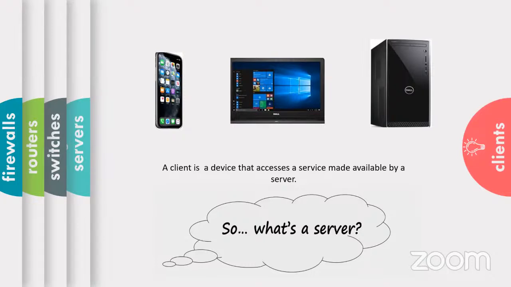So the devices which come under the category of requesting. Let's say you are requesting a YouTube video. Then your device will be the client and the server which is hosting that YouTube video will be the server. Understood? Yes. Okay.